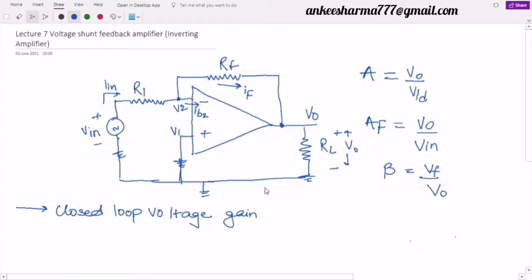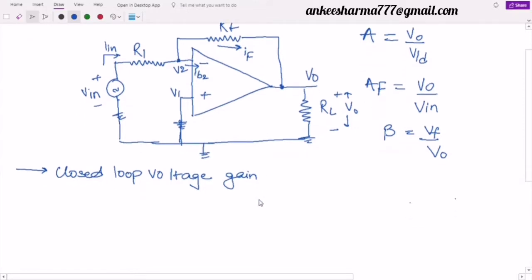So we'll do this same thing over here, but just for your understanding, I told you that I in is divided into the two currents IB2 and IF. So I can write here that I in is equal to IB2 plus IF, where I in is almost equal to IF, because we have assumed that no current is entering, and the reason behind that is we have a very high input resistance over here.